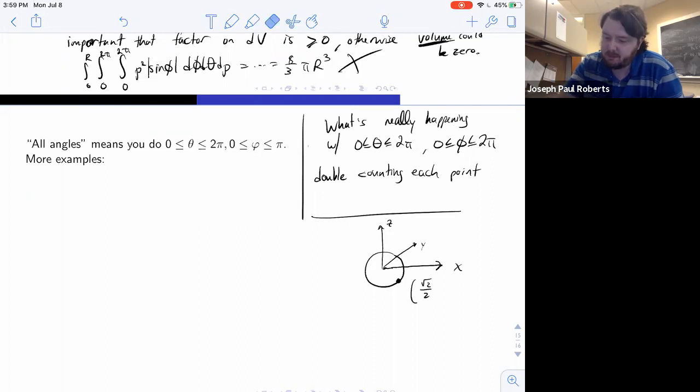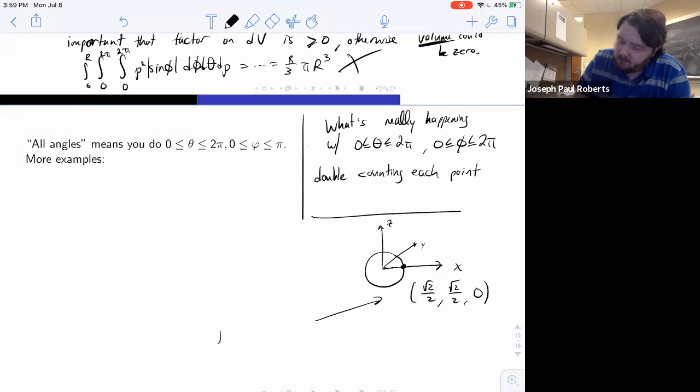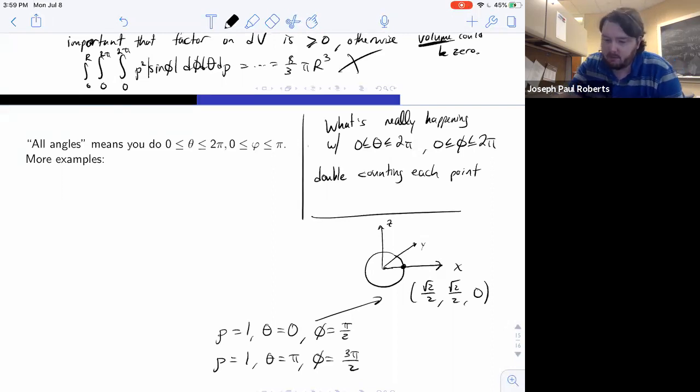Let's do root 2 over 2, root 2 over 2, 0 as our point. I claim I could get there by taking rho equals 1, theta equals 0, phi equals pi over 2. I claim I could also get there by doing rho equals 1, theta equals pi, and phi equals 3 pi over 2.